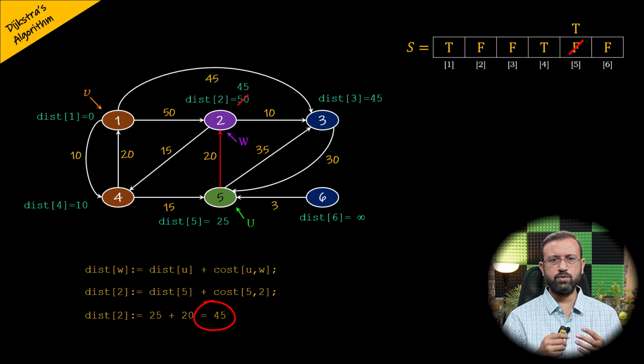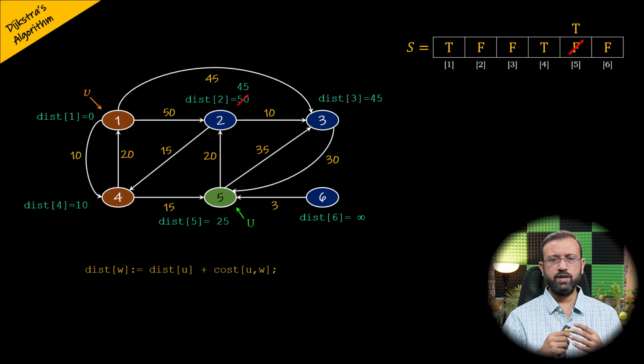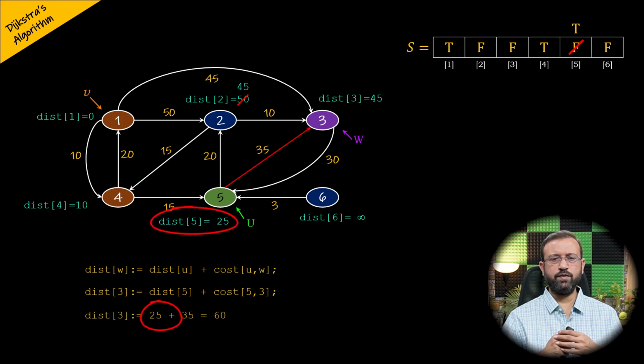Then we have vertex 3 adjacent to vertex 5, and vertex 3 is not in set S since S of 3 is false. So vertex 3 is considered for node relaxation to update the distance. The distance of vertex 3 is distance of vertex 5 plus the cost of the edge between vertex 5 and vertex 3. The distance of vertex 5 is 25 plus the cost of the edge between vertex 5 and vertex 3 is 35.